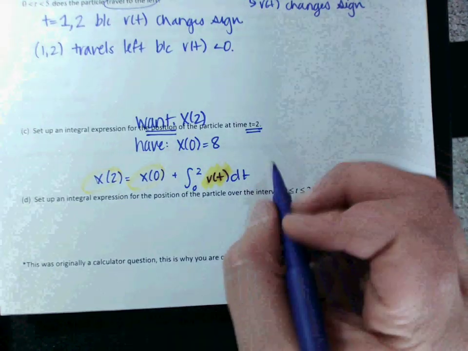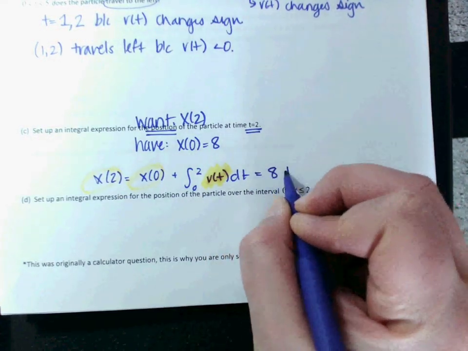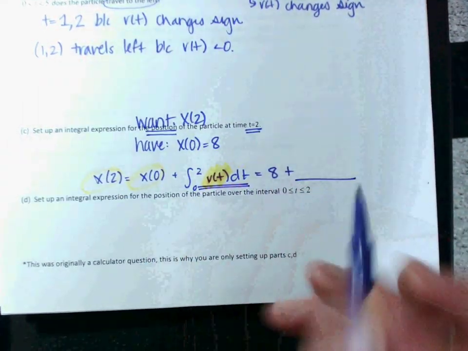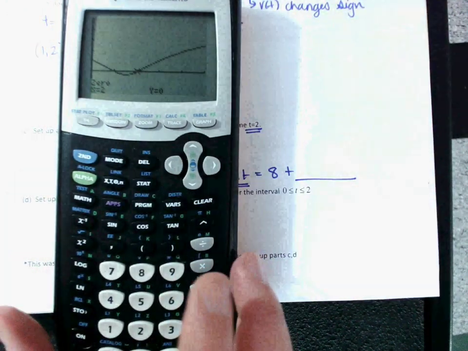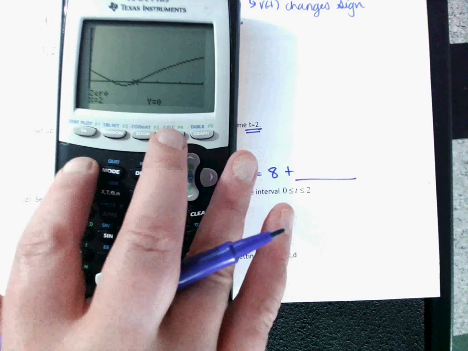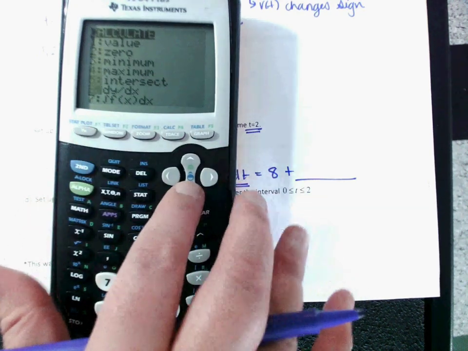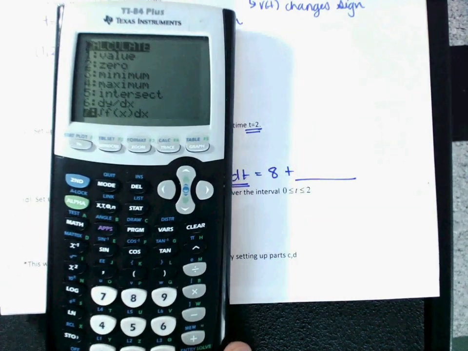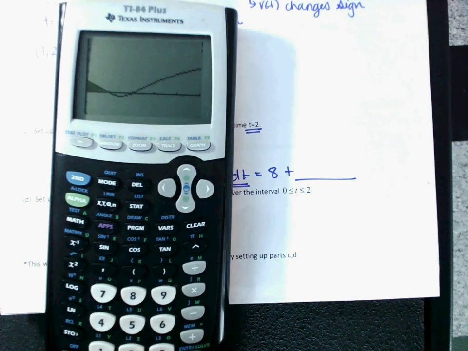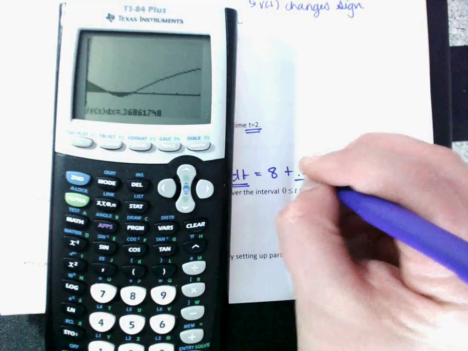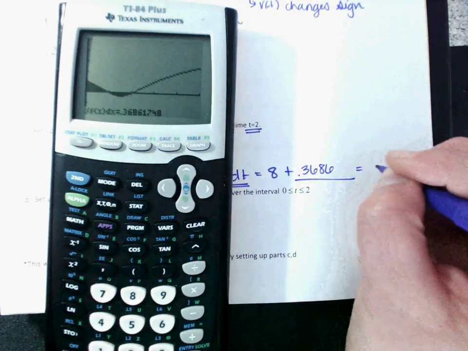Then x of 0 we said is 8, plus this part, which I'm going to type into my calculator. Since I already have my graph pulled up, I'll do it here: second trace, pick the integral option, which is number 7, and go from 0 to 2. So 0 to 2 is 0.3686.